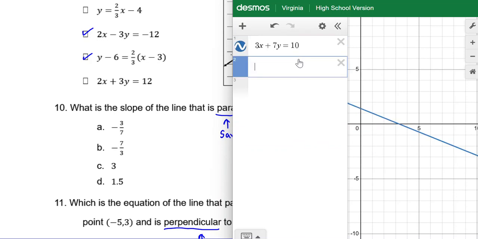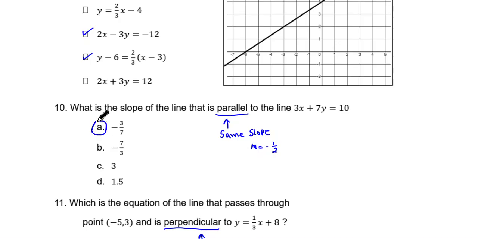Here, let me type it down. I like to always type it down. -3 over 1, 2, 3, 4, 5, 6, 7. All right, so it's A. Okay, so it's the same slope, so that's the slope.